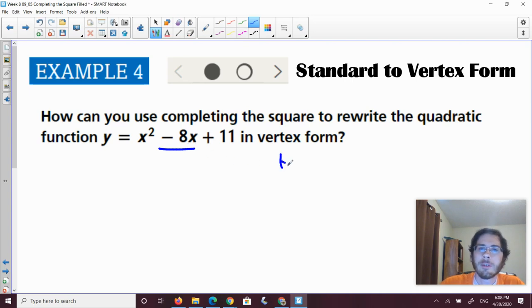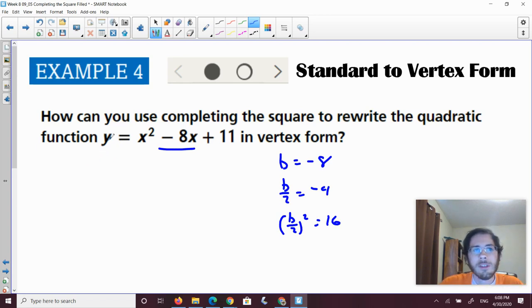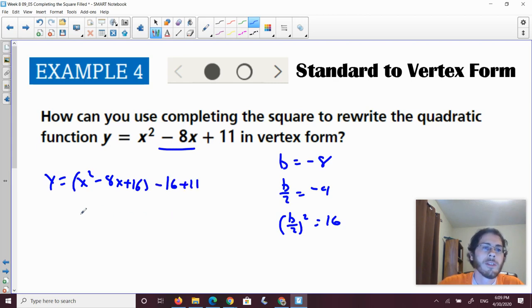We get to find out b is negative 8, b over 2 is negative 4, b over 2 squared is 16. The only difference between what we've done before and this one is that we have this y here, and that y really doesn't do anything. It just hangs out. x squared minus 8x plus 16 minus 16 plus 11. I've got negative 4 for my b over 2.